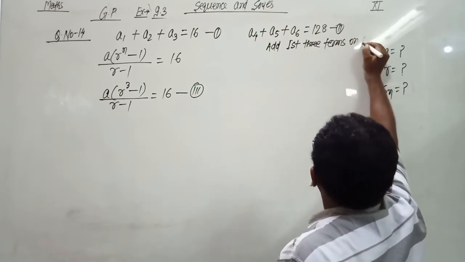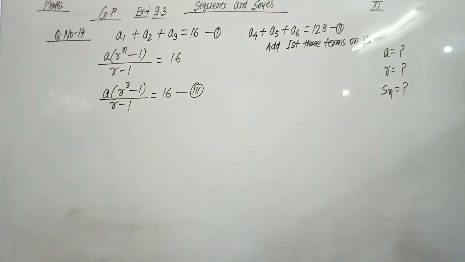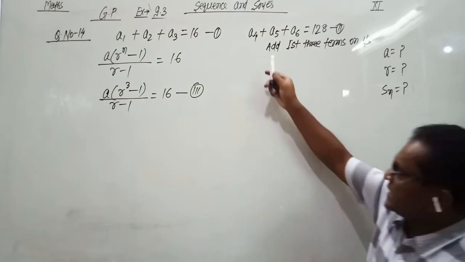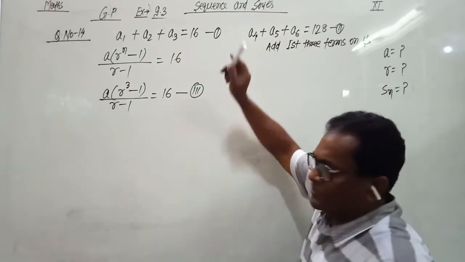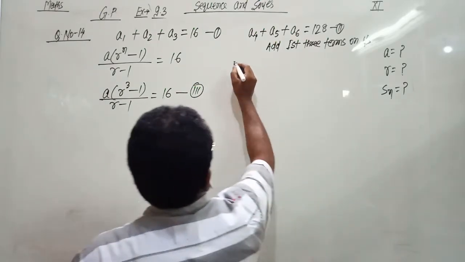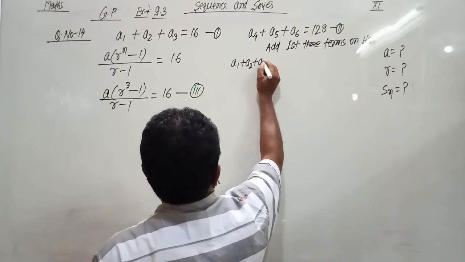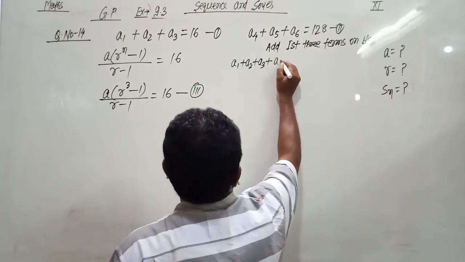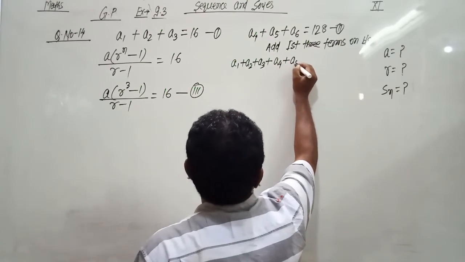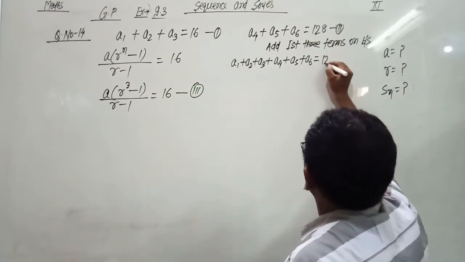On both sides, add the first 3 terms, because we have to make the sum from the first terms. So adding the first 3 terms on both sides, the left side becomes A1 plus A2 plus A3 plus A4 plus A5 plus A6 equals 128.